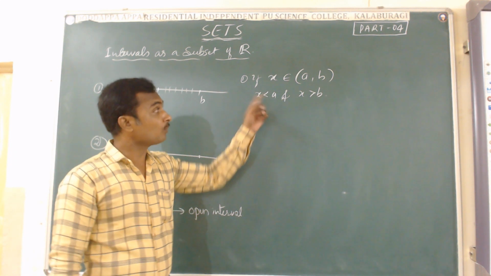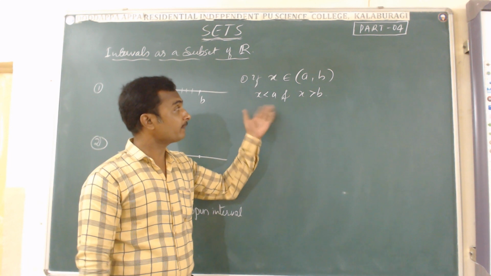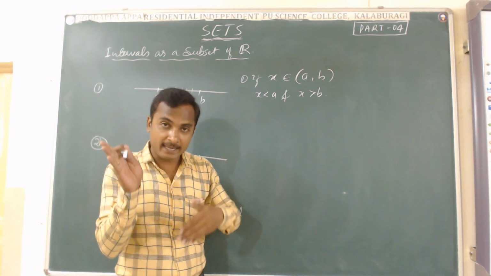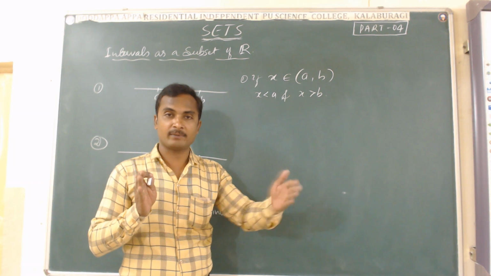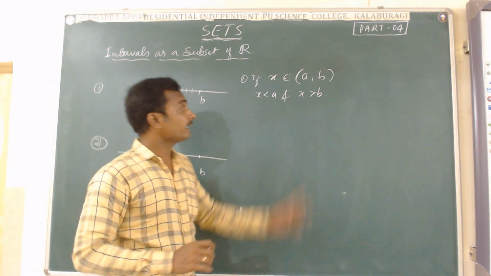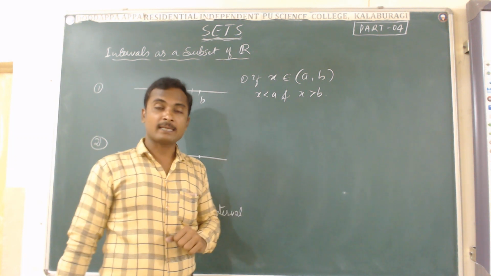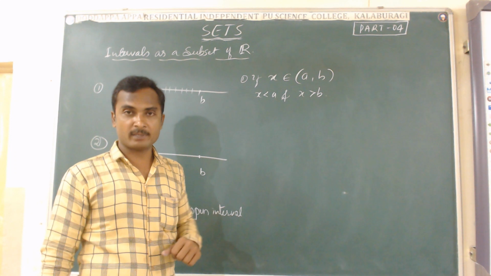X belongs to the open interval (a, b) indicates that x may be any number between a and b, but not a, and not b. It means excluding the end numbers, x can hold any number between a and b.